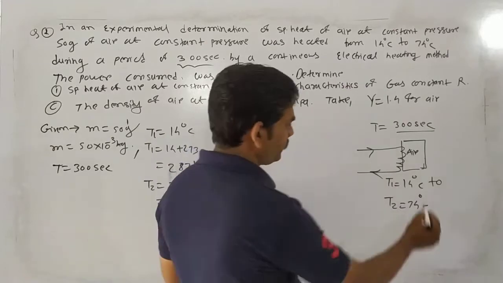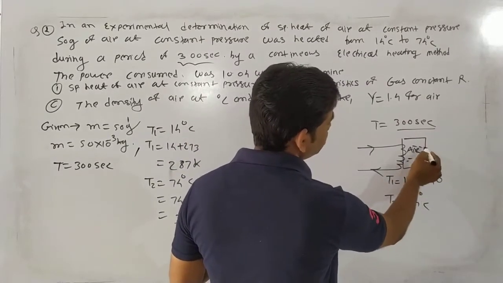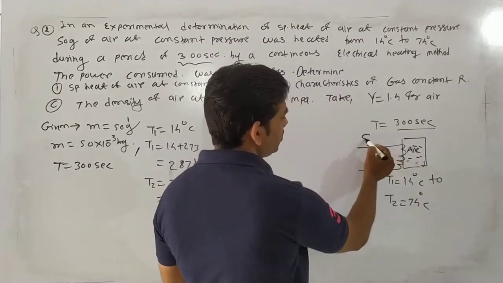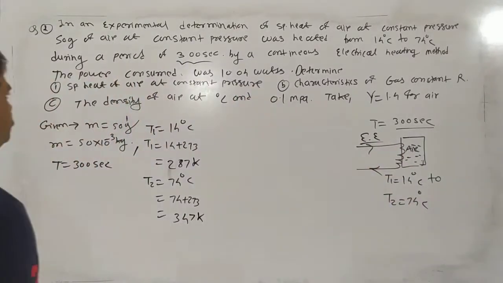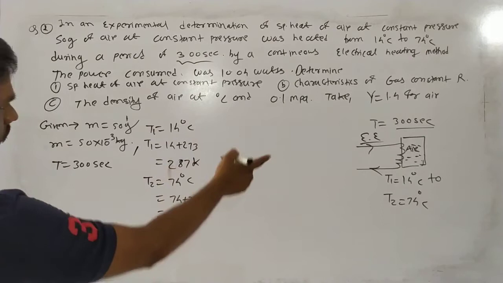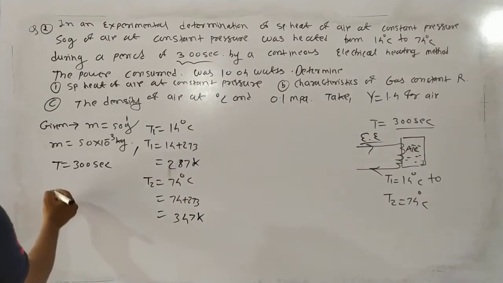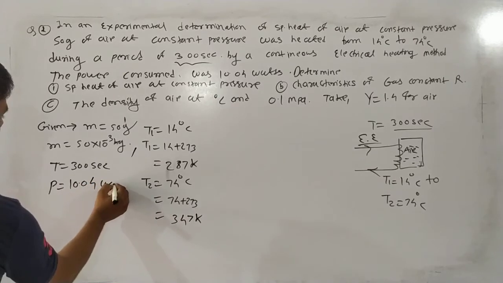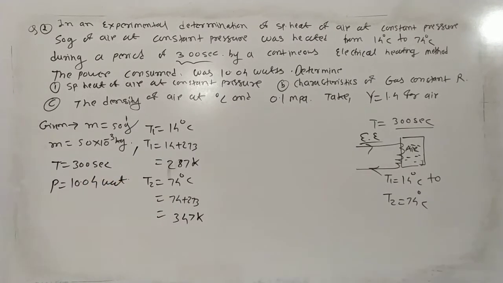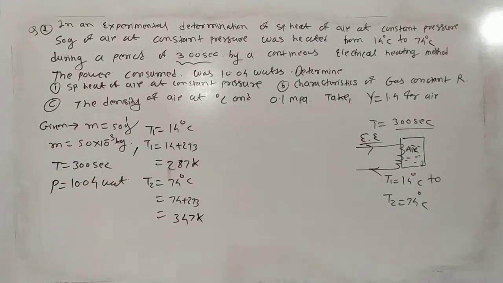In this way, inside this there is air and we have to supply this air with electrical energy. Current is supplied. The power consumed, so how much power is consumed? The power consumed P is equal to 10.04 watt. Okay, determine the specific heat of air at constant pressure.